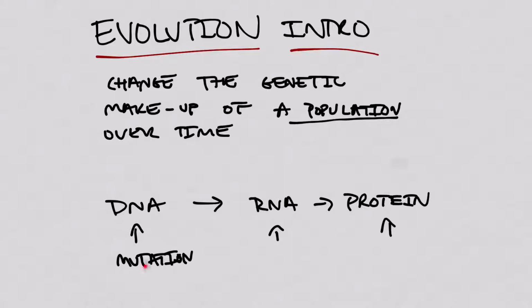So the frequency of this allele goes up. Or contrary to that, if a protein is not so good, then that leads to a less fit organism that leaves behind less DNA, and therefore we see fewer of those alleles. I think that's the right grammar. Okay, so introduction to evolution.